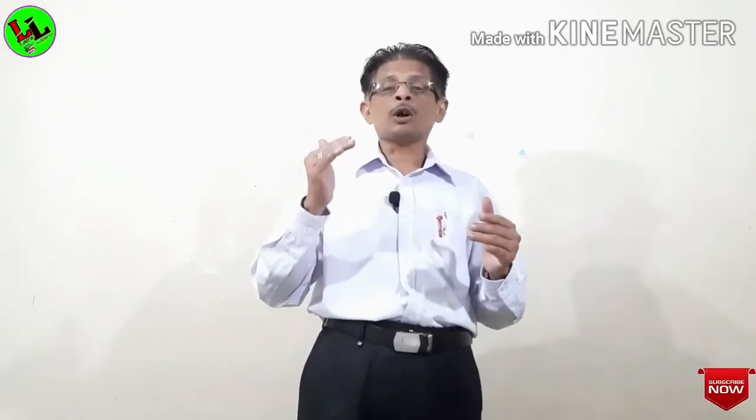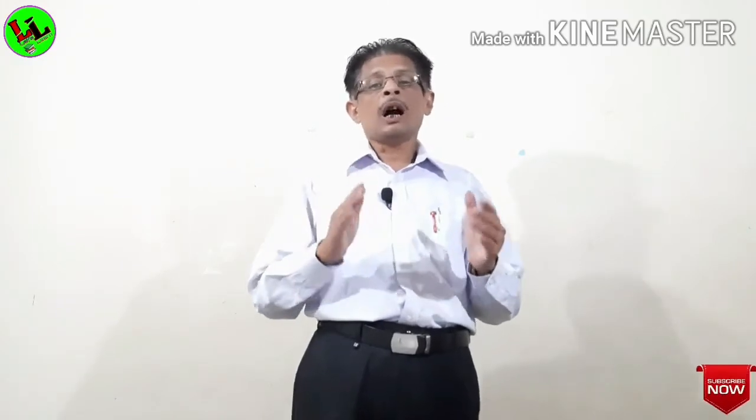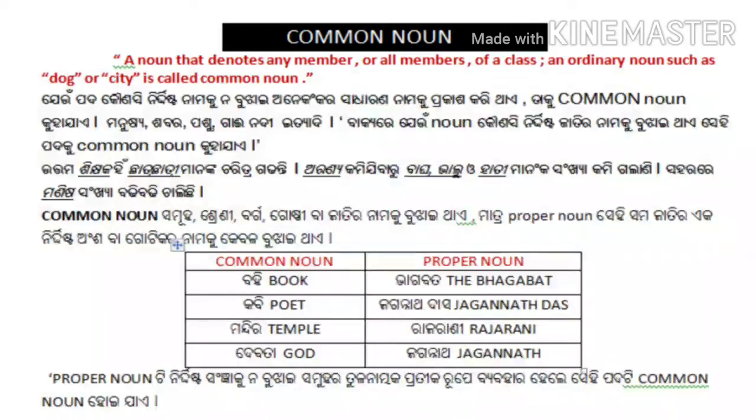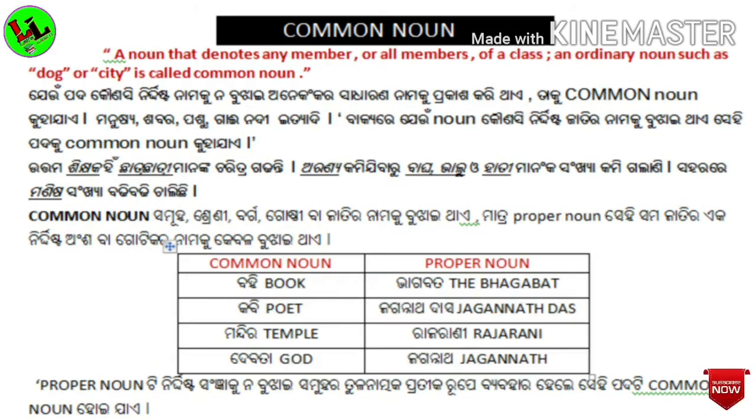Now we will proceed to common noun, and what is common noun we will see, and there is a table for your reference also. Now you see, a noun that denotes any member or all members of a class. An ordinary noun such as dog or city is called common noun. So, you see, a common noun refers to a group.